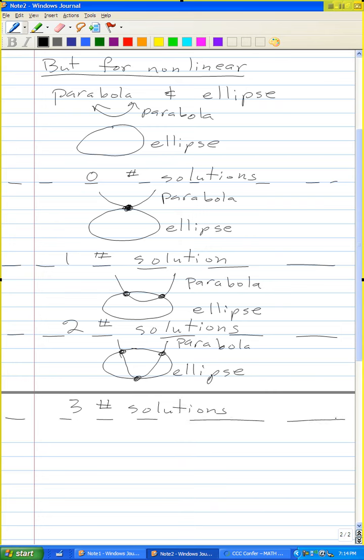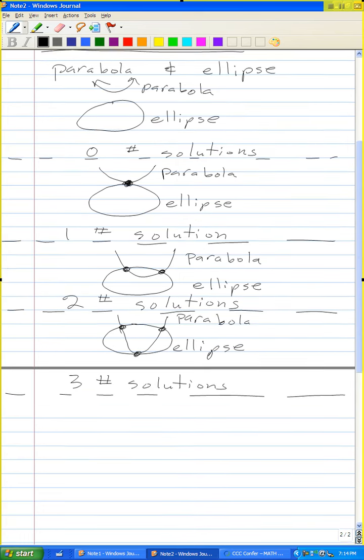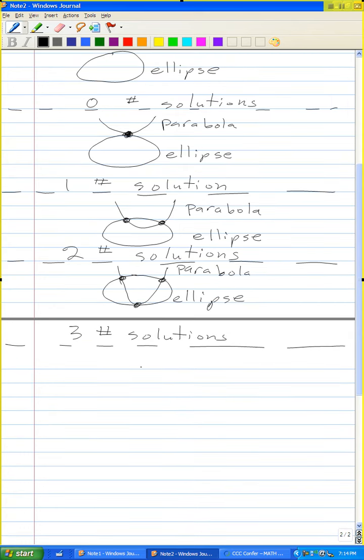And really, that's about it. No, wait, 1, 2, 3. Oh, I can have four solutions. So I could have it looking like this and like that. I could have 1, 2, 3, 4. So here I have a parabola and an ellipse with four solutions.